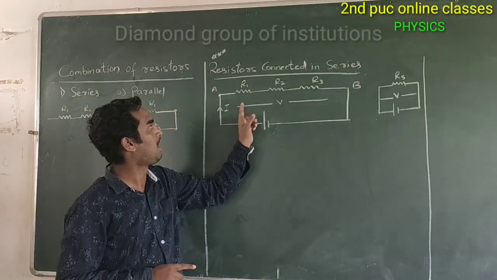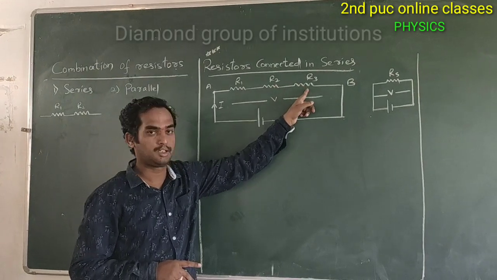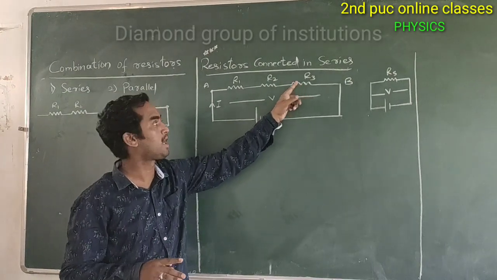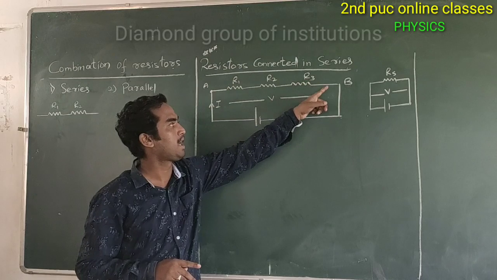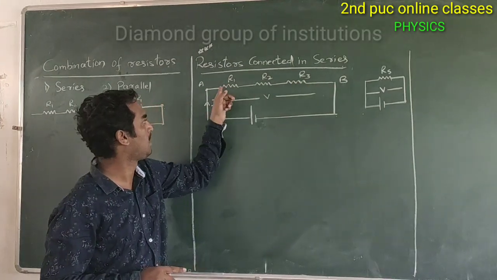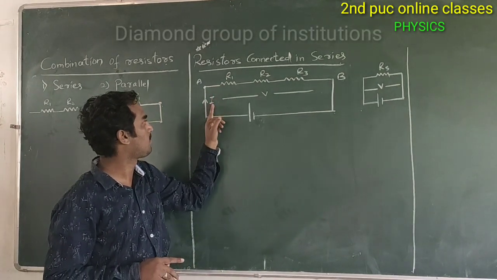See the diagram, R1, R2, R3. These three are the resistors connected between the points A and B in series. What is the current flowing here?